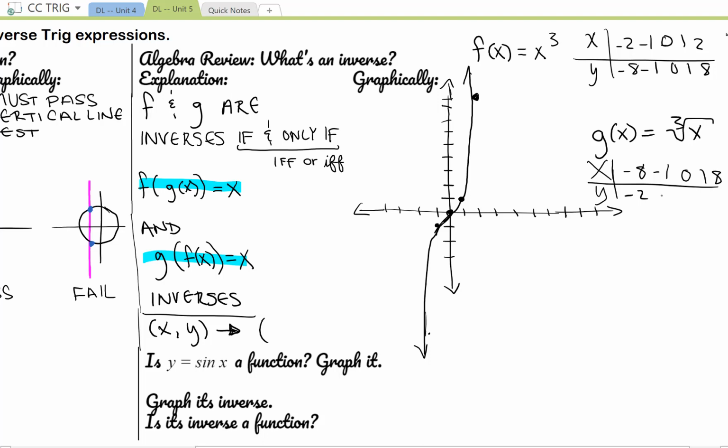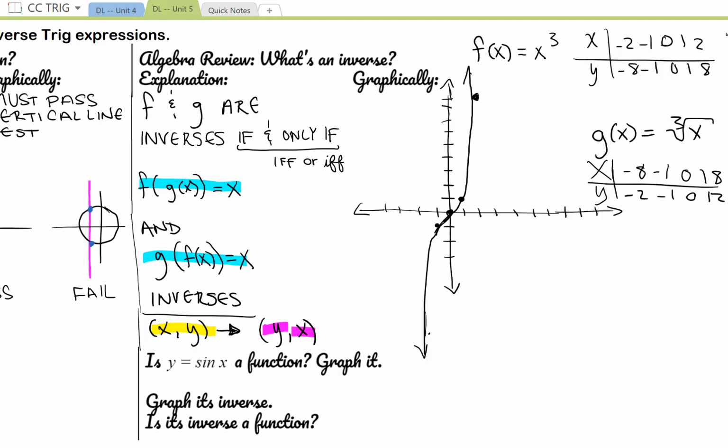That would be cube root of -1 is -1, 0, 1, and 2. What do you notice about the points? Oh, they're flipped. So for inverses, every xy point of the first function, its inverse function will have the point yx, literally having flipped each xy point.